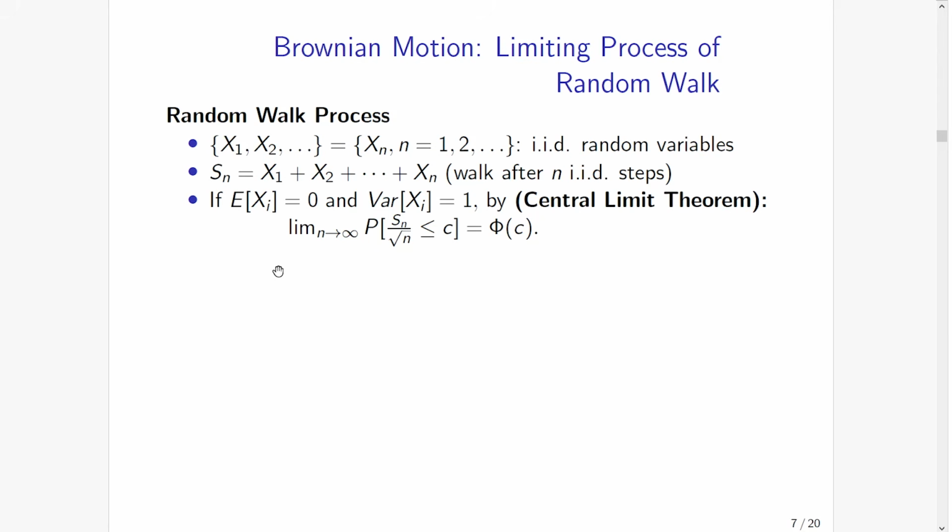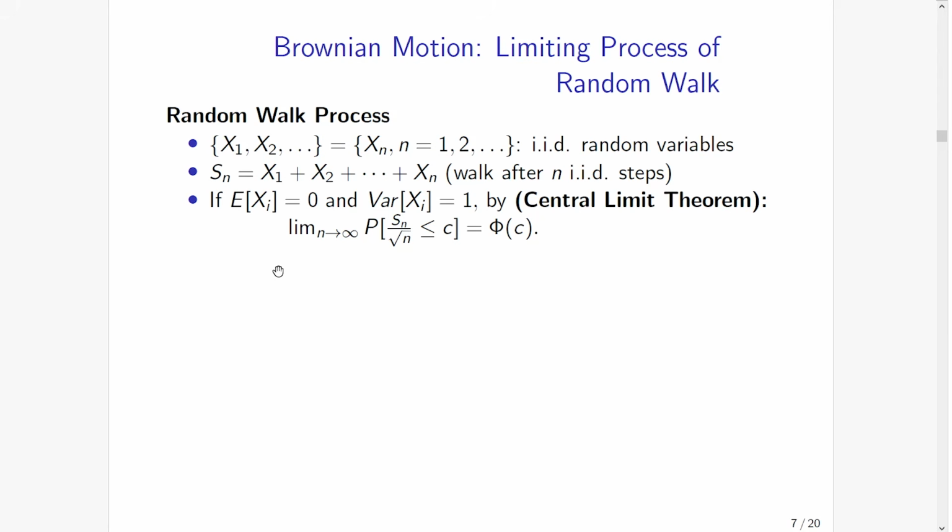Then if we look at the random walk with steps x1 to xn for the nth position of the random walk, the limiting distribution of the normalized random walk is actually a standard normal distribution. So phi of c is our standard normal cumulative distribution function.